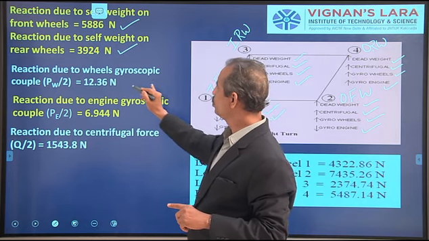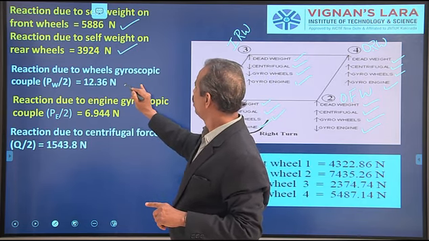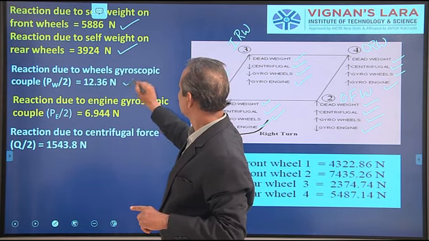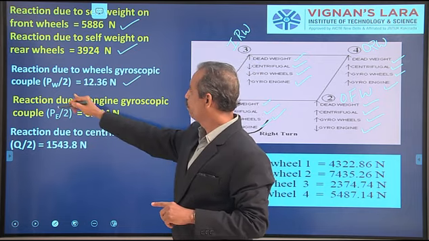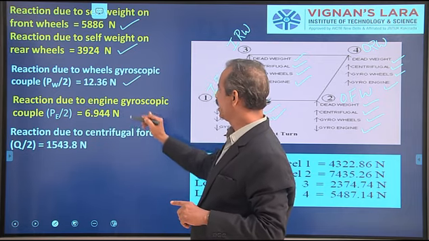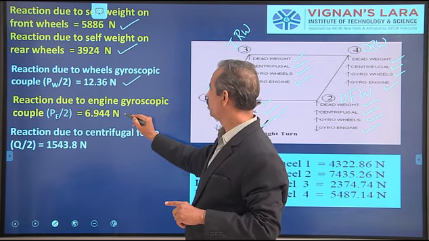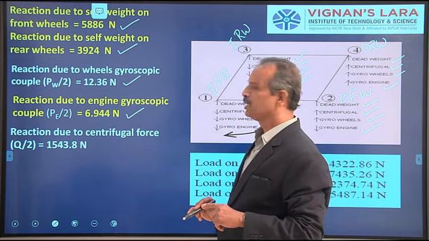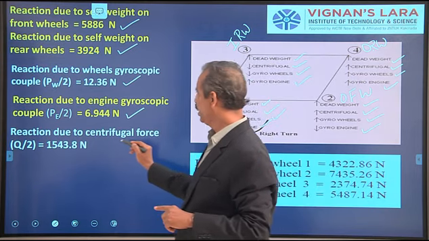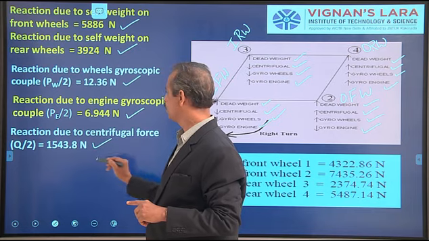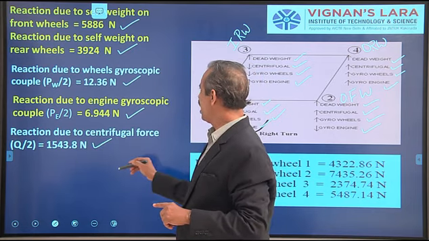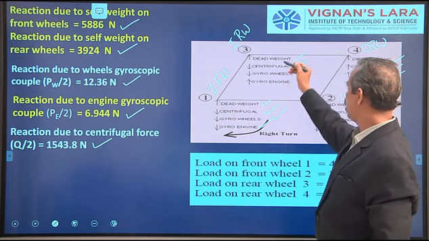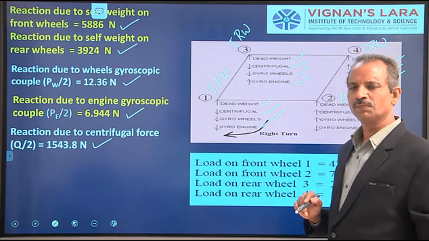Then reaction due to the gyroscopic couple of wheels, 12.36 we have calculated, that is PW by 2. Then the reaction due to the engine gyroscopic couple, PE by 2, 6.94. Finally reaction due to the centrifugal force, Q by 2, 1543. These magnitudes you place according to the sign convention here.